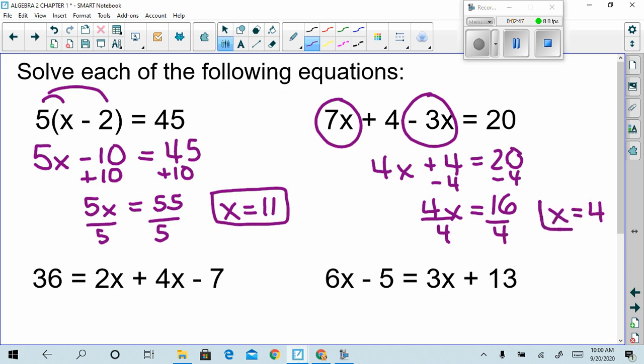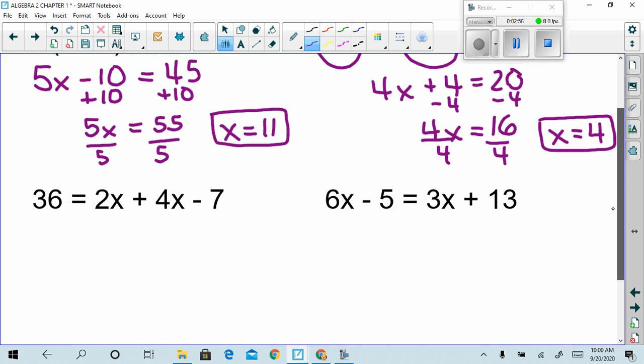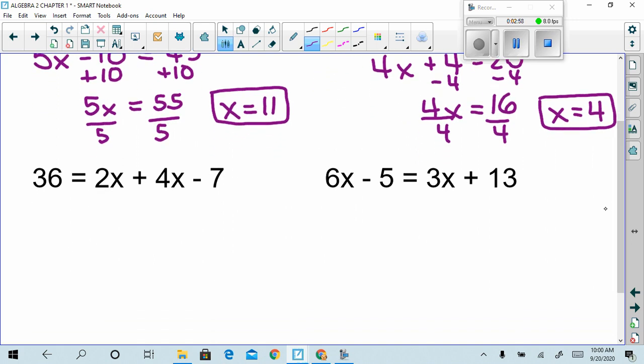If I were to take this 4 and replace it for the variable in both places and simplify, the two sides will balance. In my third problem, I still notice that there's something to simplify. This time it's on the right, and these variables are on the same side, so that means I'm just going to combine them.